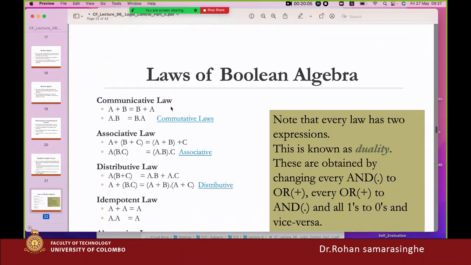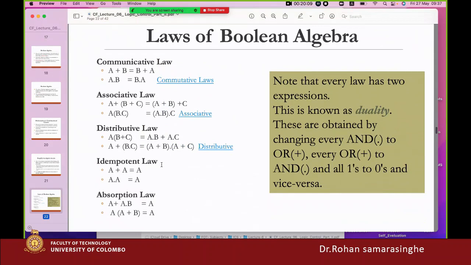The commutative law: A plus B equals B plus A, A dot B equals B dot A. Associative law means A plus (B plus C) equals (A plus B) plus C, and A dot (B dot C) equals (A dot B) dot C. Distributive means you can remove these parentheses: A(B plus C) we can expand as AB plus AC.